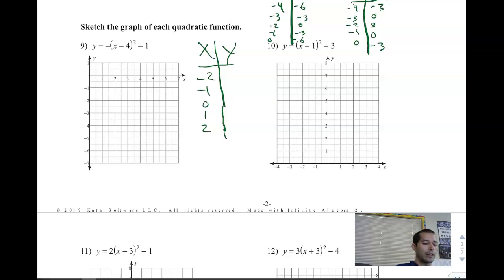But for the parent function, which is y equals x squared, we're going to square all the x's, okay? So if I square all the x's, I'm going to get 4, 1, 0, 1, 4. We always want to move left or right first, and then take care of the outside.